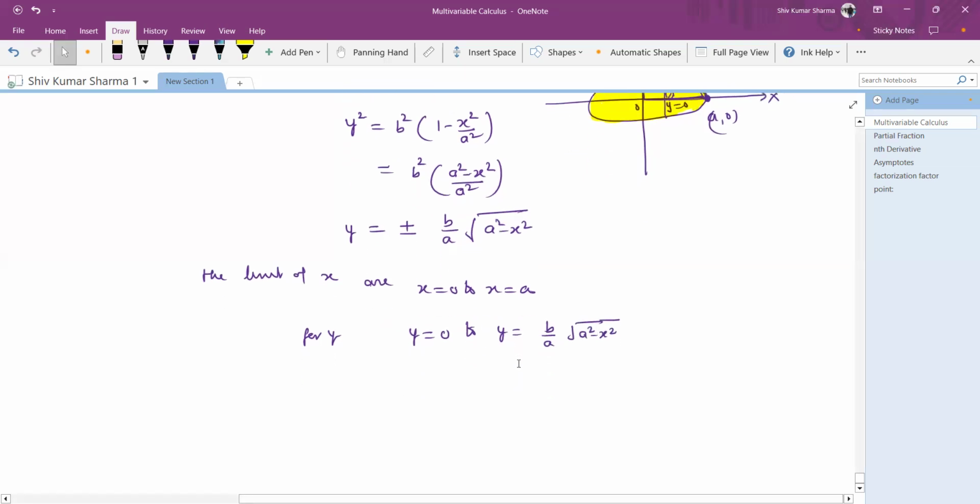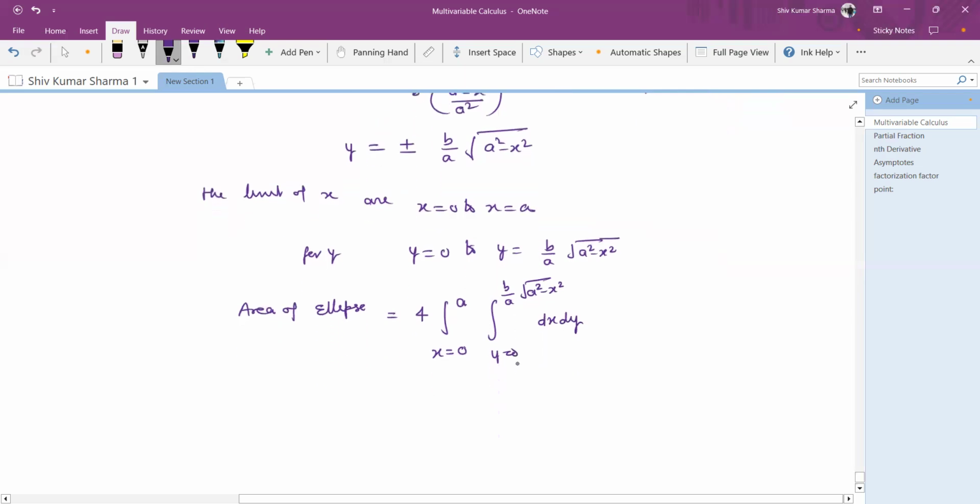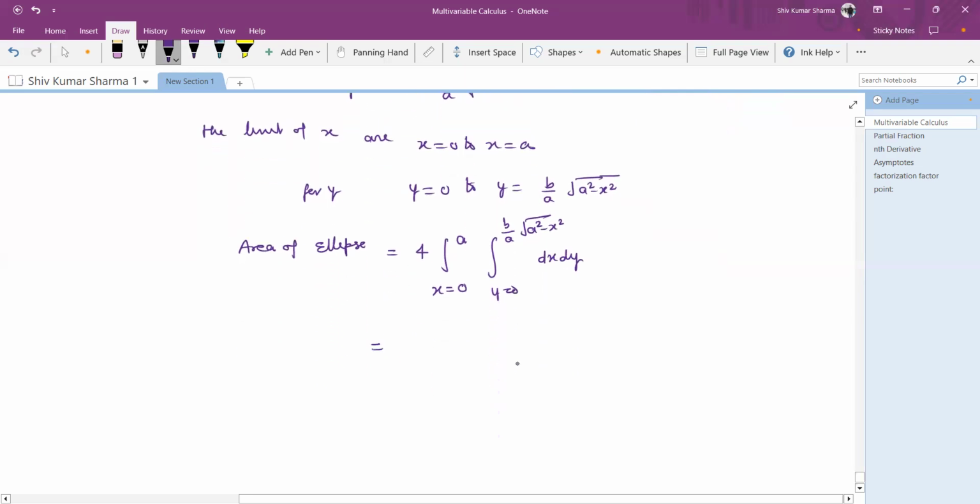Now we calculate the area of the ellipse. The area of the ellipse is equal to 4 into the area of the quadrant. So 4 into the double integral, x equal to 0 to a, and y equal to 0 to b upon a root a square minus x square, into dx dy. Okay, so we do the integration.